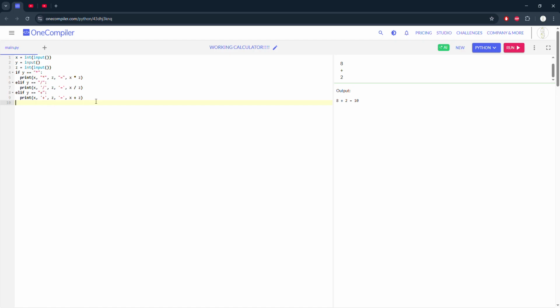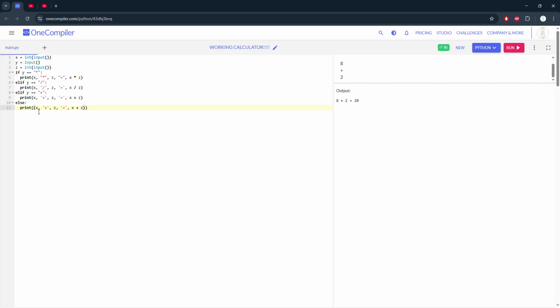Now since it's the last condition we're going to have to call it an else, not an elif. And as you remember, since else doesn't need conditions, we can just go ahead and write print, and since it's the last condition, it can't really equal anything else except a minus, because that's all our program is going to do.